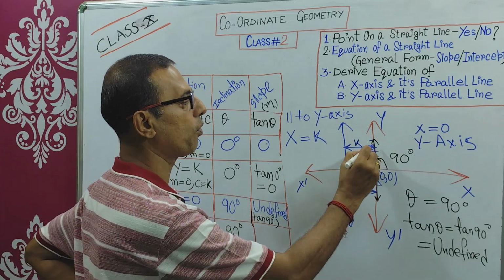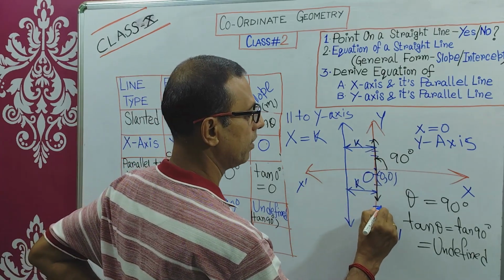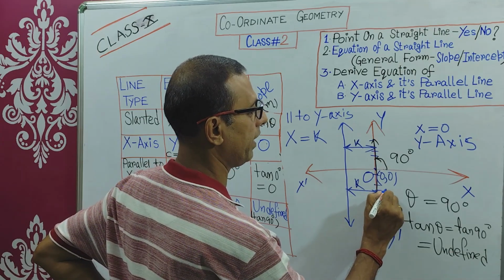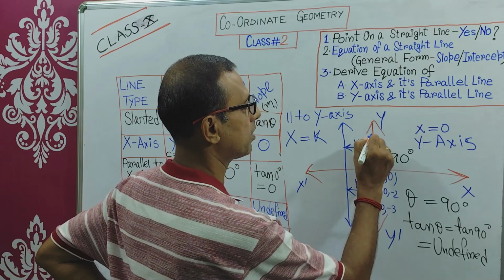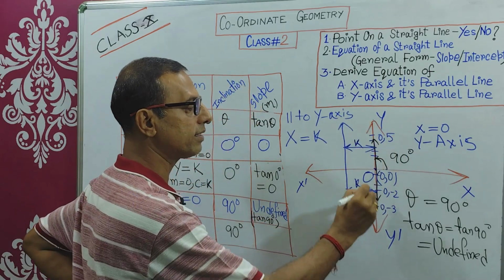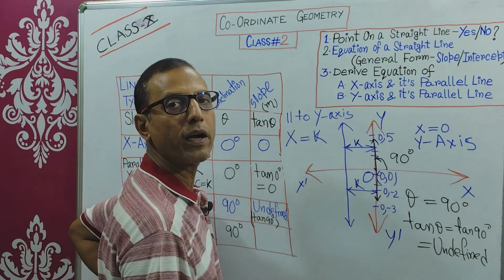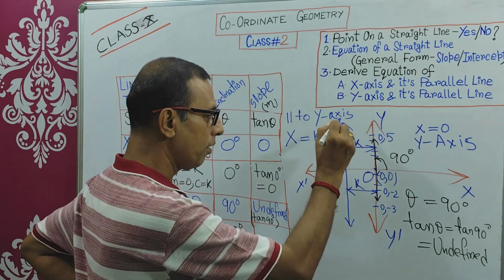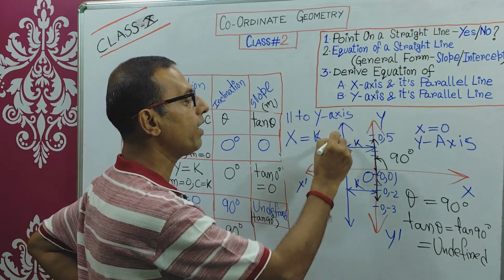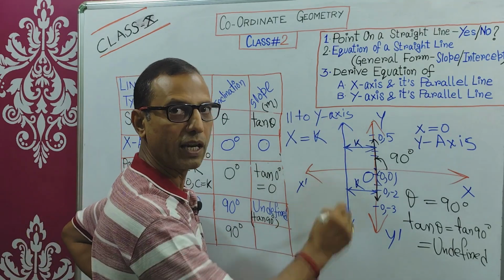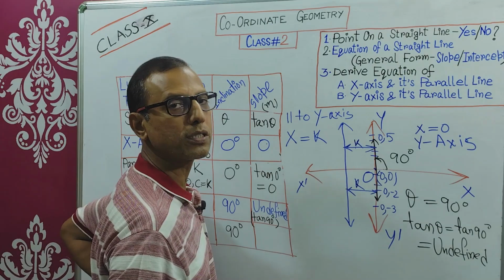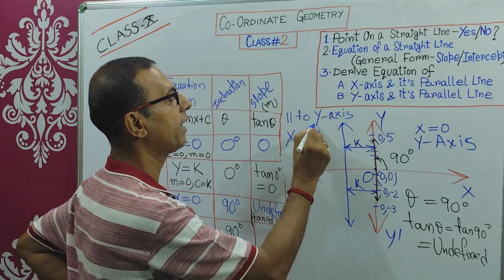On the y-axis, different points could be (0, minus 3), (0, minus 2), (0, 5). So along the y-axis, x is always 0 and the y coordinate is varying. Similarly, for a line parallel to the y-axis, the y value is varying along the line, but the value of x is not 0, it is constant. Therefore, x equals k, where k is a constant value.